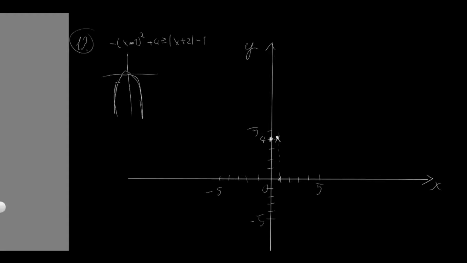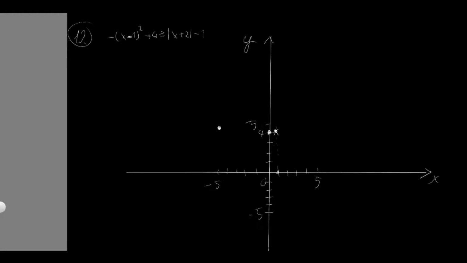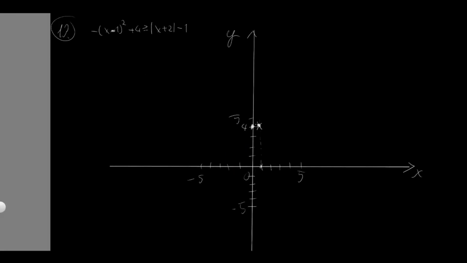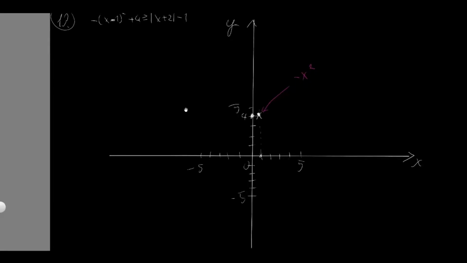There's a sad emoji. Yeah, so it's going down. Okay, so in this point, we have to show this minus x squared. So here we have minus x squared. That's what we have to illustrate.